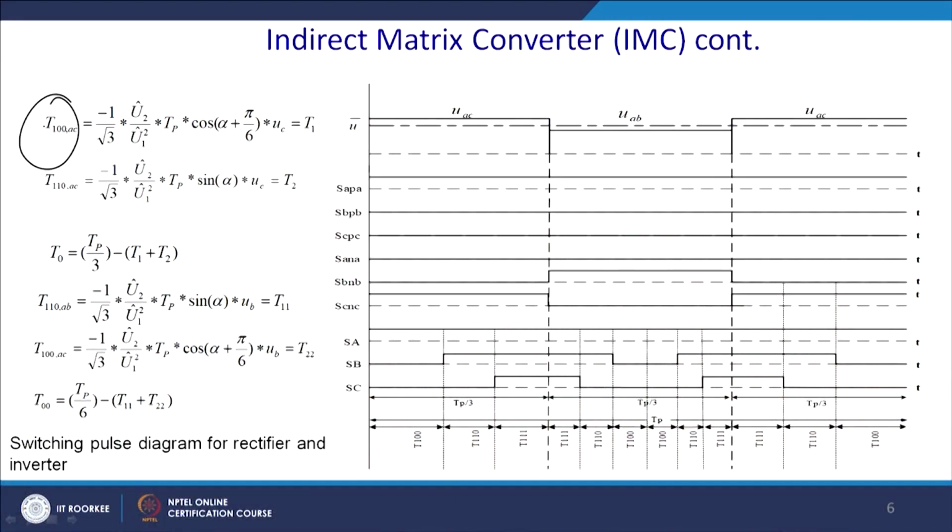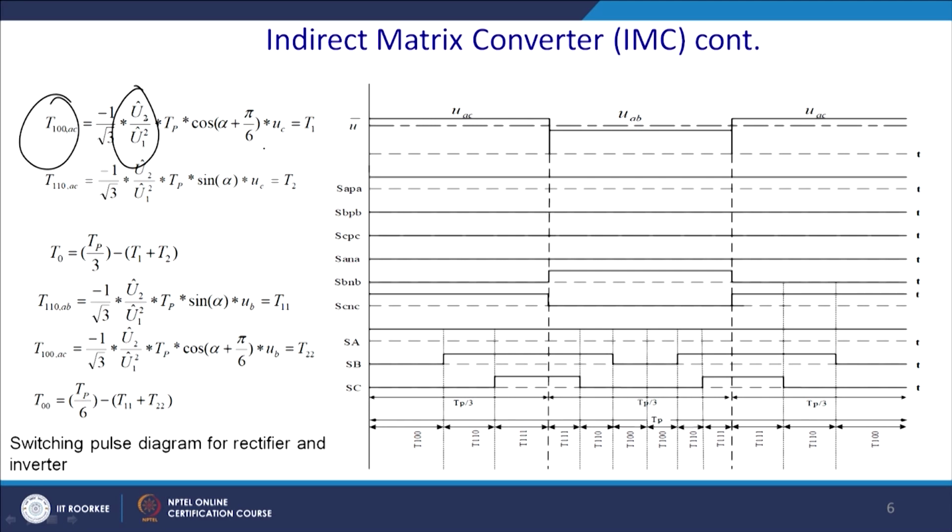Now, this is the switching logic, and you have to calculate the time for the action of voltage vector V1 the same way you calculated before. That is for AA1: minus 1 by root 3 U2, this is the unit vector, times Tp, the processing time, times cos omega t, times UC, and this time will be equal to T1.